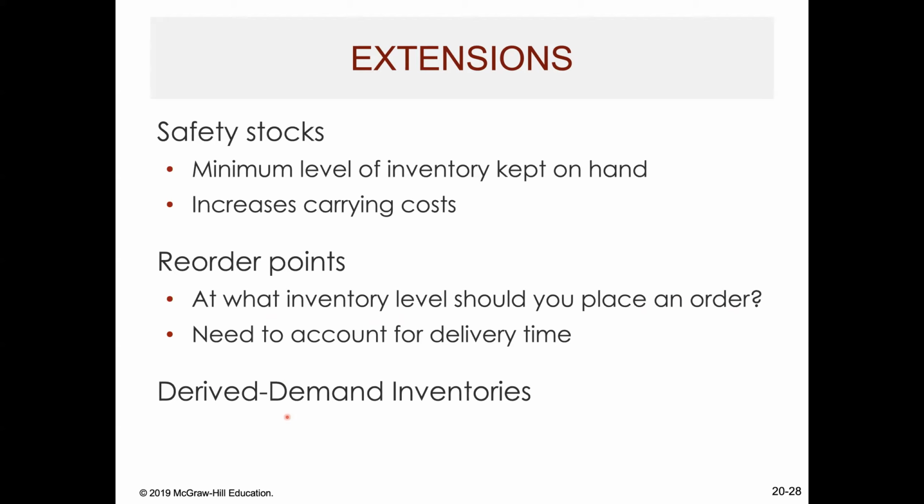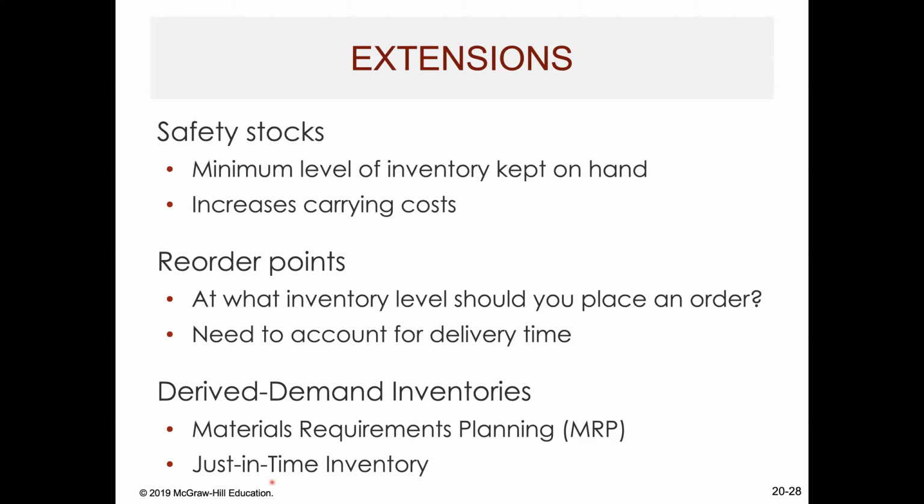We also have what we call derived demand inventories. We've got materials requirement planning, MRP. This is a set of procedures used to determine inventory levels for demand-dependent inventory types, such as work in progress and raw materials. So if you're in manufacturing, you'll likely utilize that.